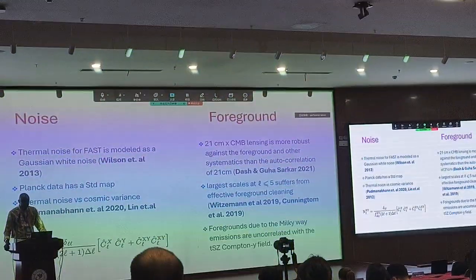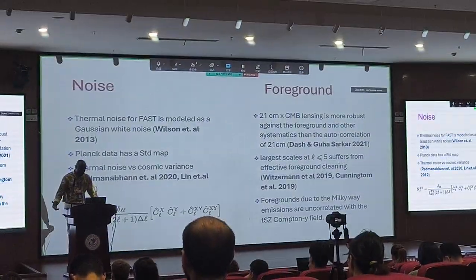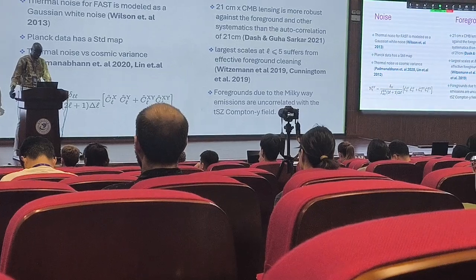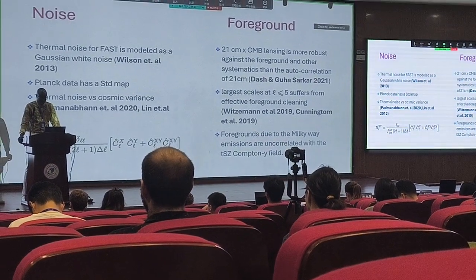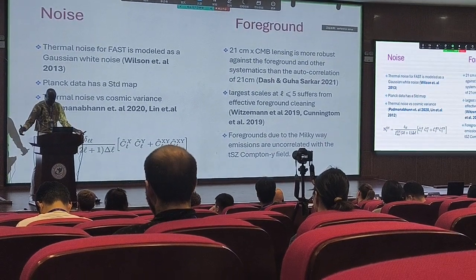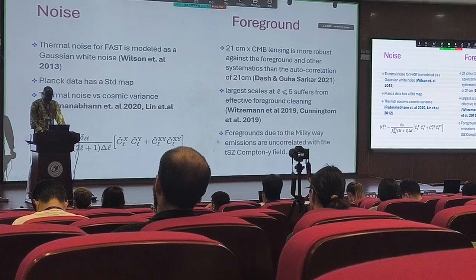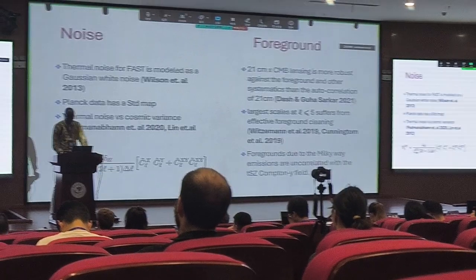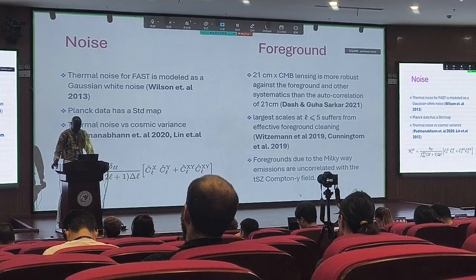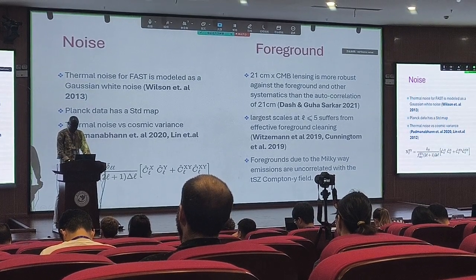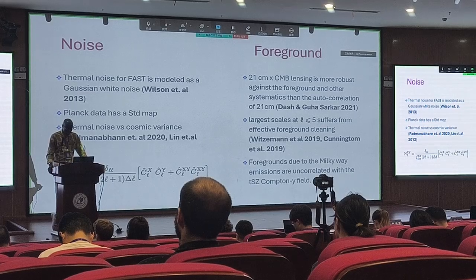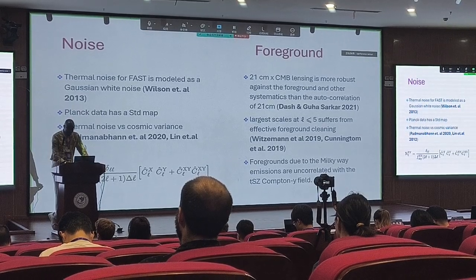For the foreground, one may in principle want to adopt some foreground model and incorporate that into the halo model. But we don't expect the foreground coming from the Milky Way to correlate with the TSZ field, and previous literature justifies that the 21 centimeter HI field cross-correlated with CMB lensing is more robust against foreground.